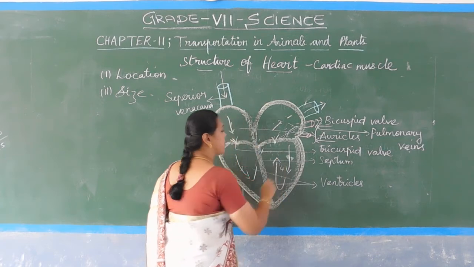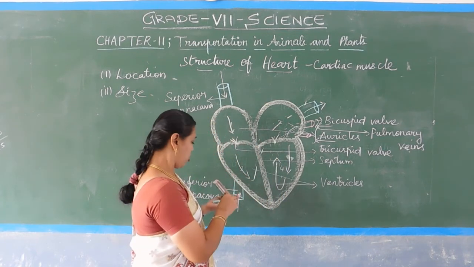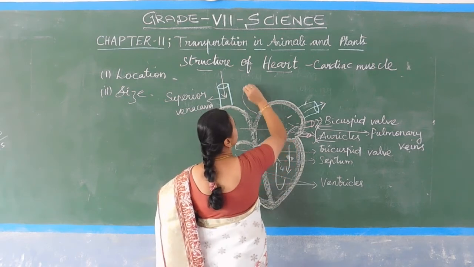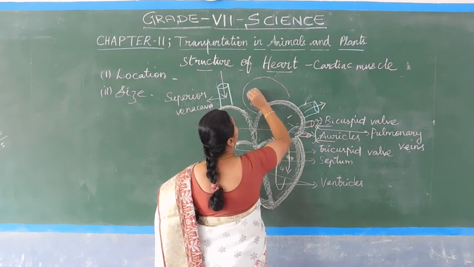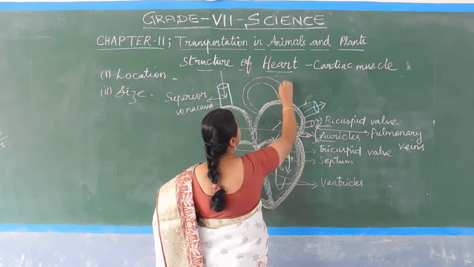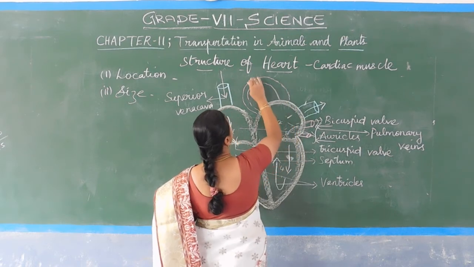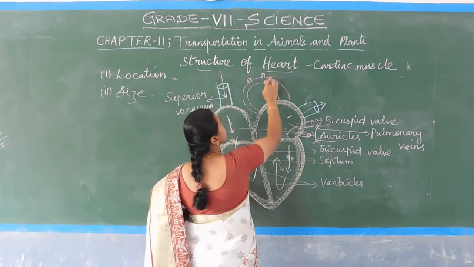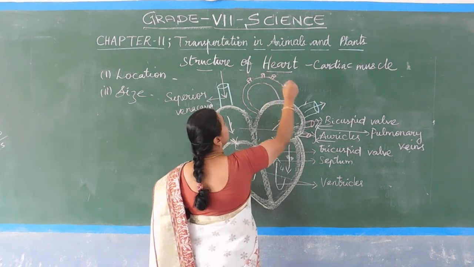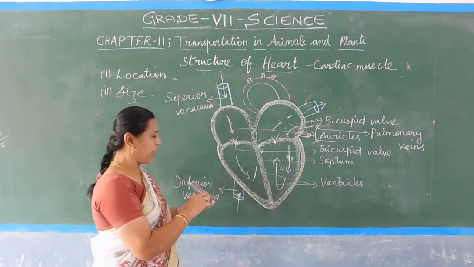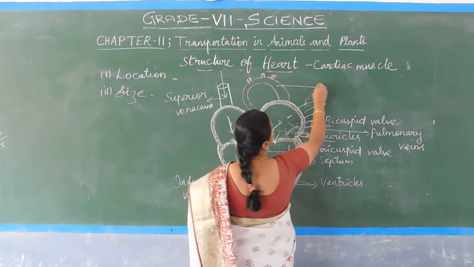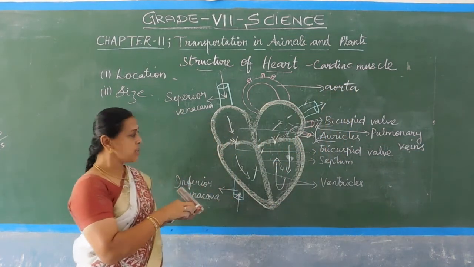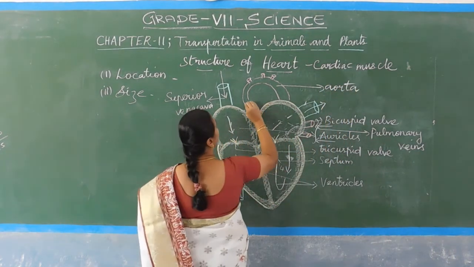From here, it moves through this bicuspid valve and it comes out into the aorta. That is nothing but the main artery which supplies the oxygen-rich blood to all parts of the body, and this is the aorta. This blood vessel is called the aorta.